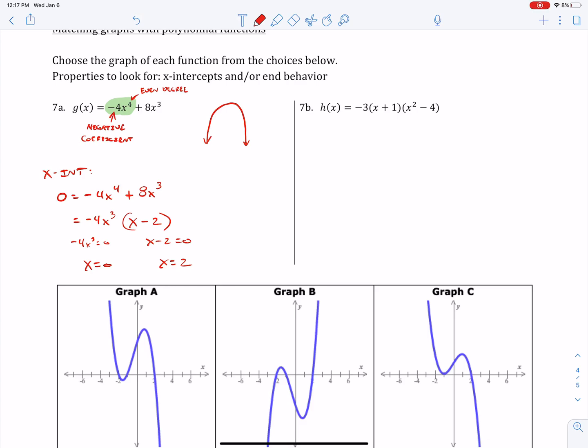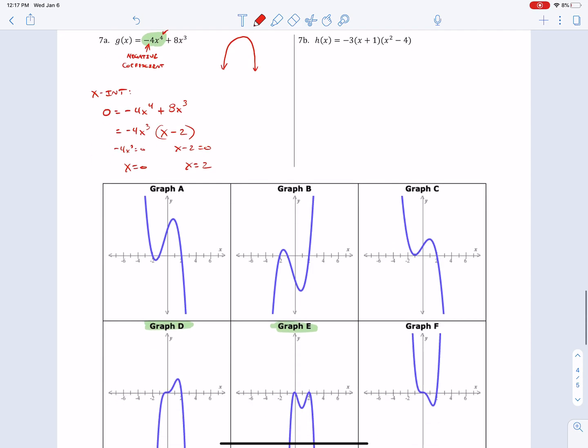So I can find out where it crosses the x-axis on this one. It's going to be at x equals 0, and they both equal 0. I need to zoom in here.